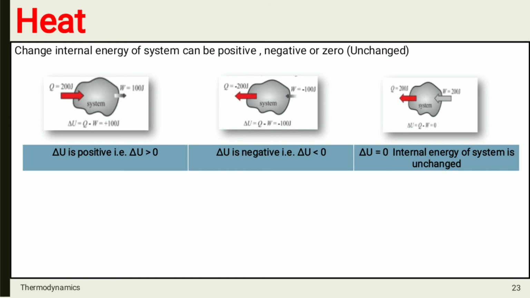So, delta U is equal to 200 minus 200, which is equal to 0, that is, the change in internal energy is equal to 0. So, the internal energy of the system is unchanged. So, from these three examples, you can say that the change in internal energy of the system can be positive, negative or 0, or you can say unchanged.